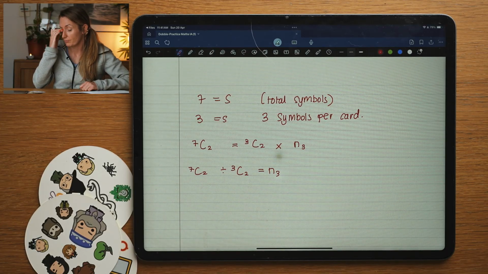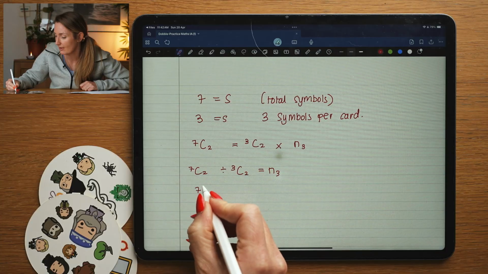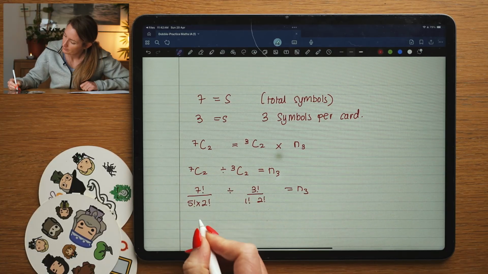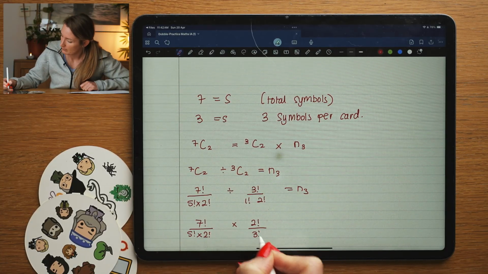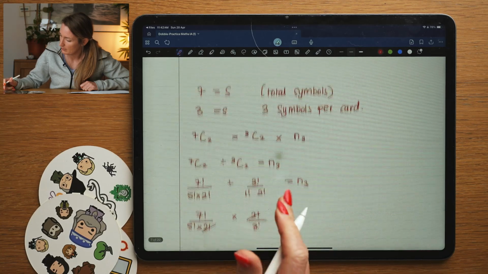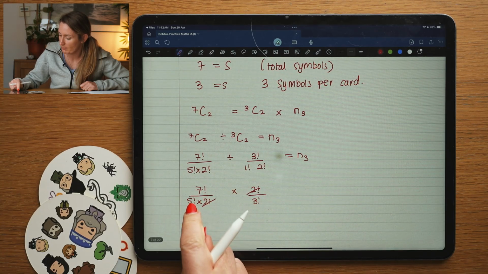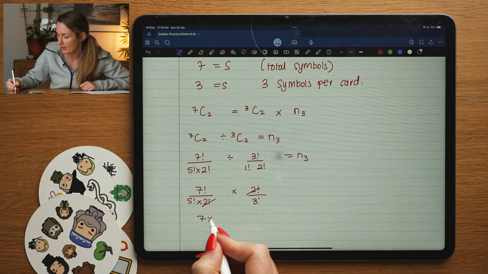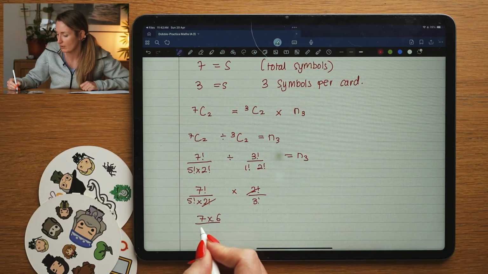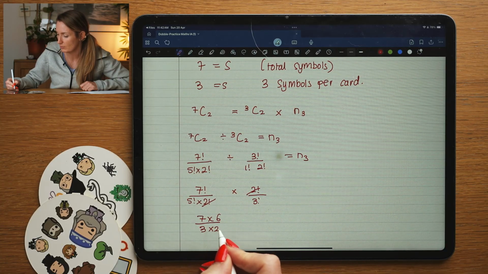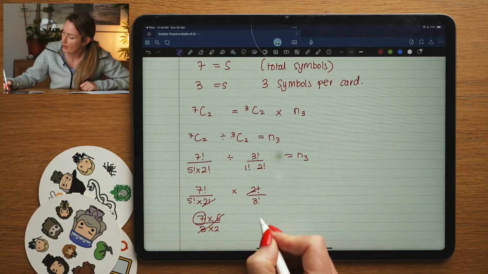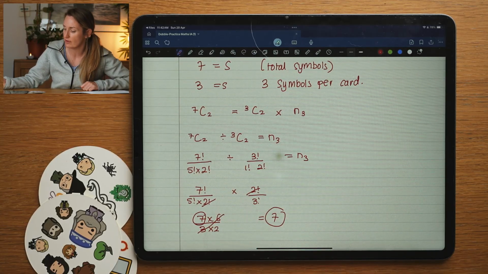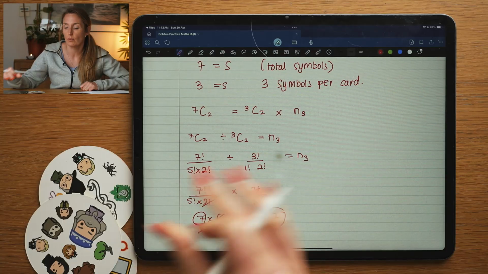Now I have a calculator, but 7 factorial divided by 5 factorial is 7 times 6. 3 factorial is 3 times 2, which is 6, so I cancel them out. And the answer is 7, which is exactly what we would expect.